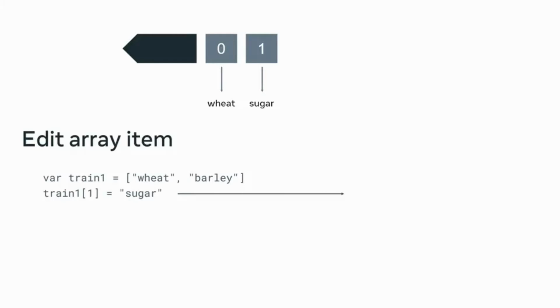Once again, it's important to remember that the value you change it to must be the same data type. Now to add and delete array items, you need to use something called array methods. They are like some of the methods that you have learned earlier.